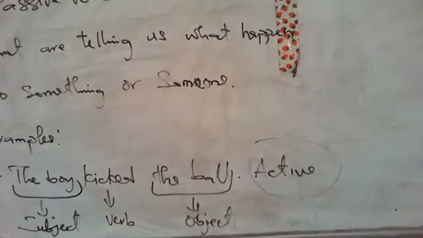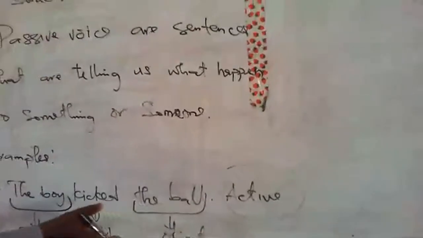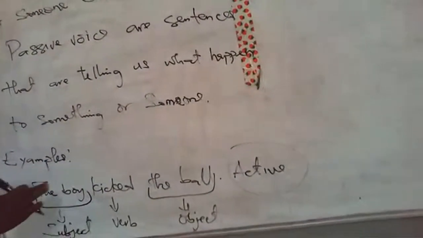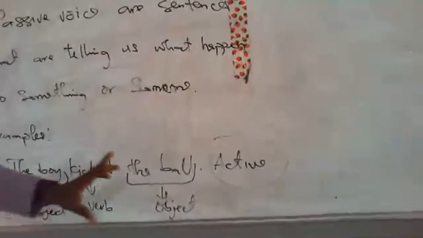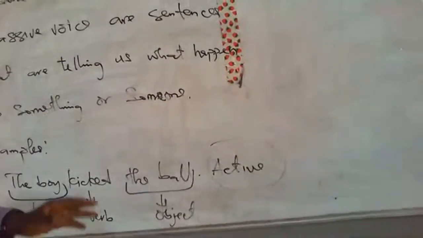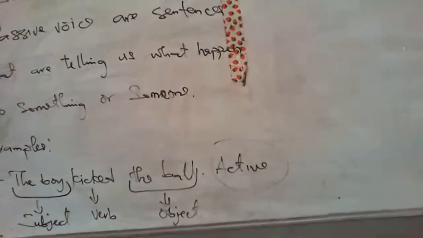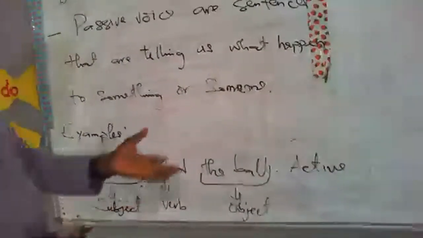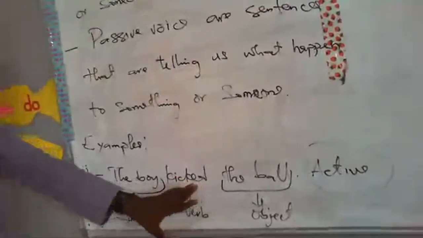Now, if you want to change this simple sentence, the boy kicked the ball, it is in active form right now. Now we want to change it to a passive voice or passive sentence. How do we do that?